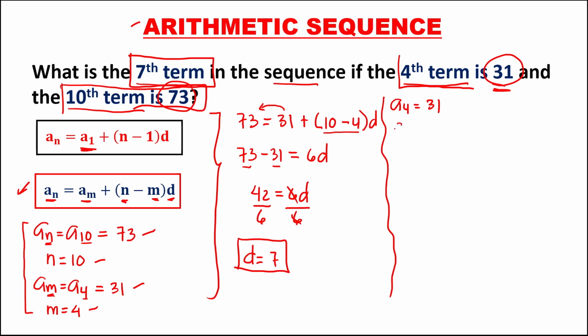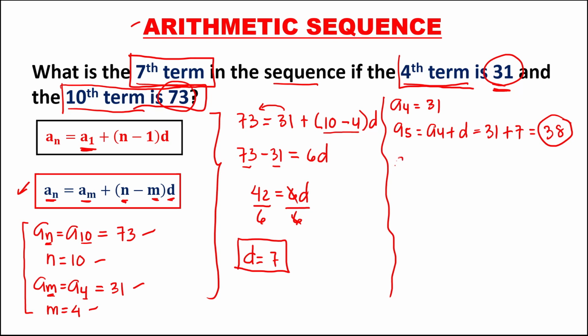So we can find the fifth term, and this is equal to a sub 4 plus the common difference, or we have a sub 4 is 31 plus the common difference, that's 7. So therefore the fifth term is 38.